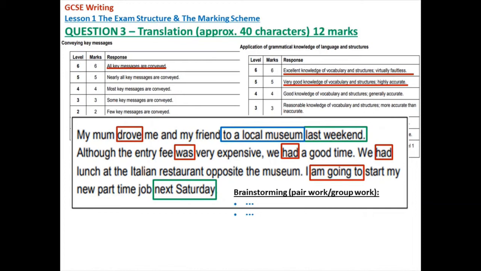And then the next one is place. 是不是 to a local museum, then at an Italian restaurant opposite the museum. 这两个的 word order 是不一样的，因为一个是 to a local museum, it almost follows the English word order. But this action happened when you are already at that place, then the word order is totally changed.